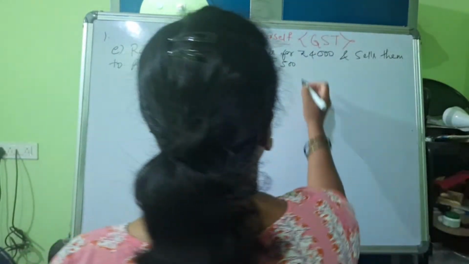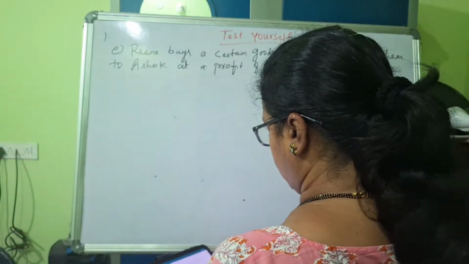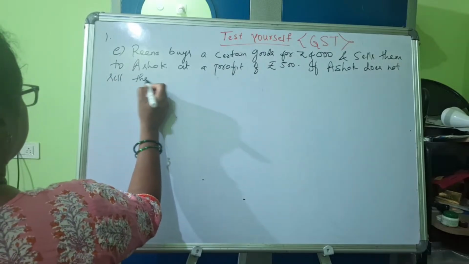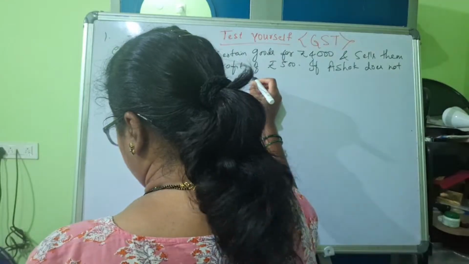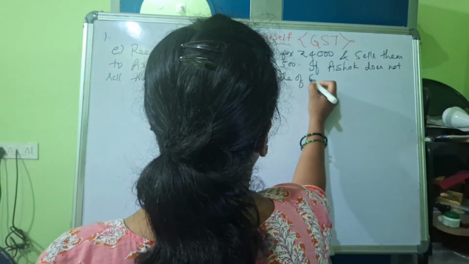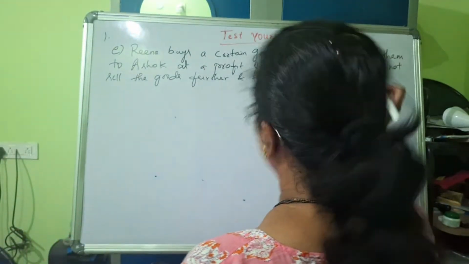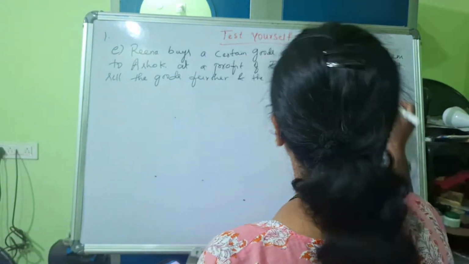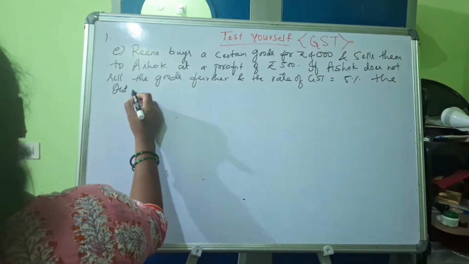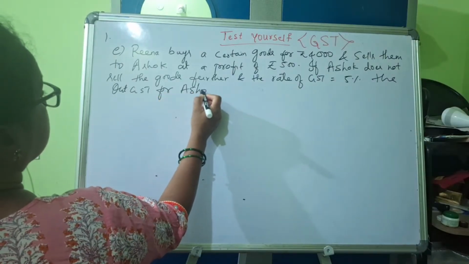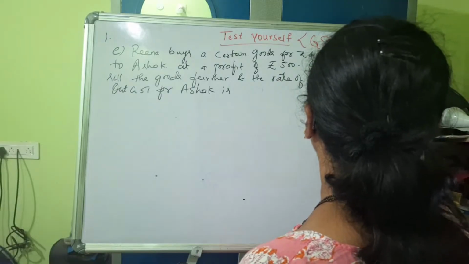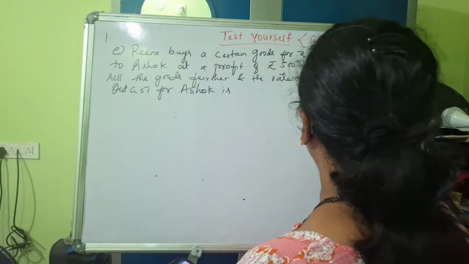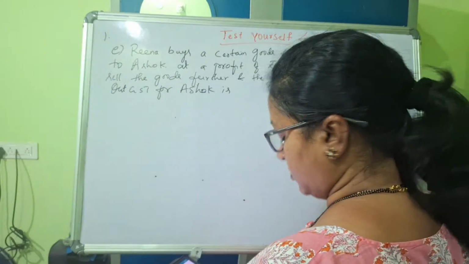If Ashok does not sell the goods further and the rate of GST is equal to 5%, the output GST for Ashok is: the first option is rupees 225, second option is rupees 175, third option is rupees 25, and the fourth option is rupees 0.